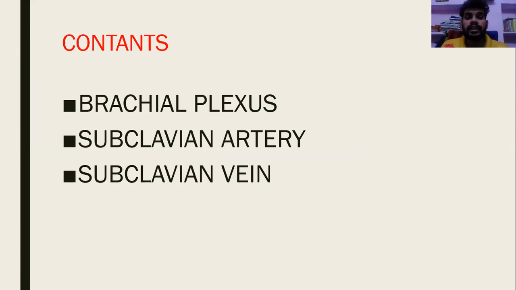Now we discuss the contents. Generally, we see that the brachial plexus, subclavian artery, and subclavian vein are harmed. With compression in TOS, the brachial plexus, subclavian artery, and subclavian vein are affected. When the brachial plexus is affected, our arm and hand show numbness, weakness, and so on, due to brachial plexus compression.